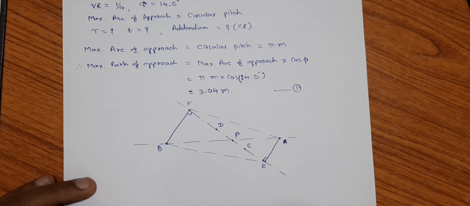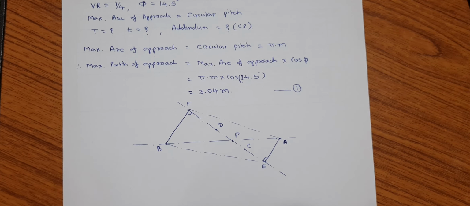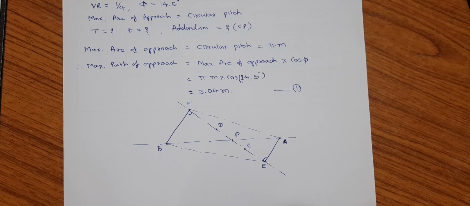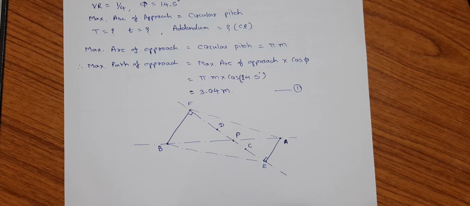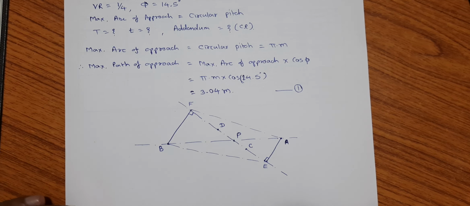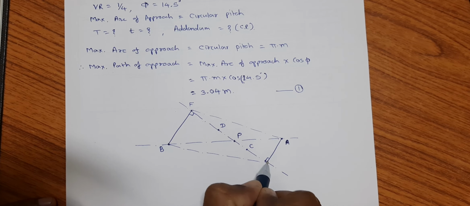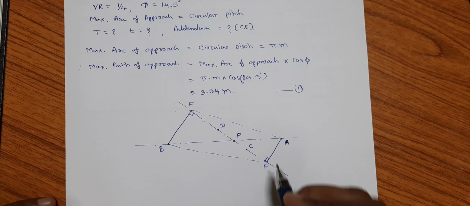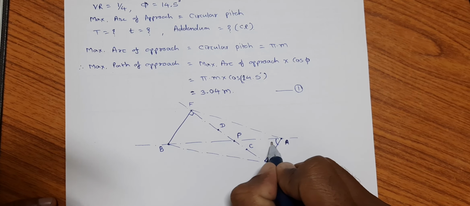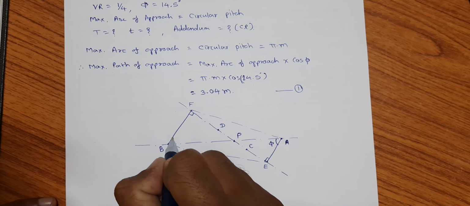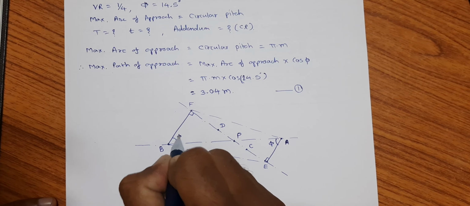So here it has been given that the maximum path of approach is equal to PE to avoid the interference. Here this angle is equal to phi as well as this angle is equal to phi.